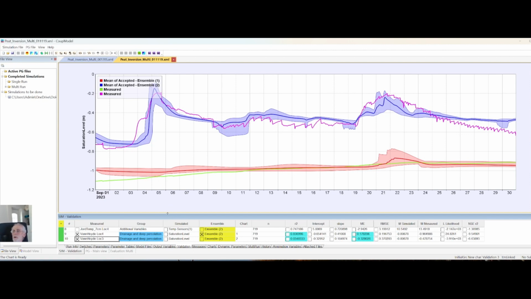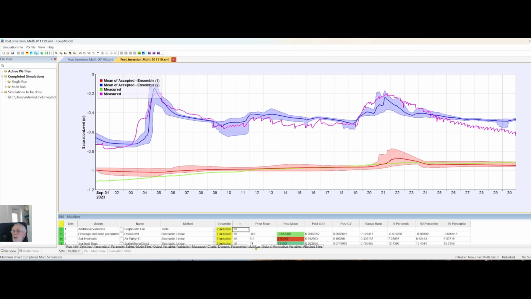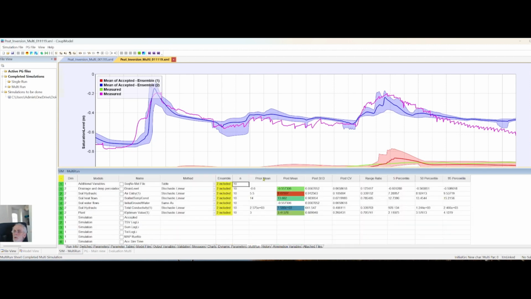So the question is now, how do the parameters look like? To examine that, we can go back to the sheet for the Multirun, and then I will show that a little bit more, because here we have a table now, and then it shows now ensemble number 2, and it gives some values for those parameters.